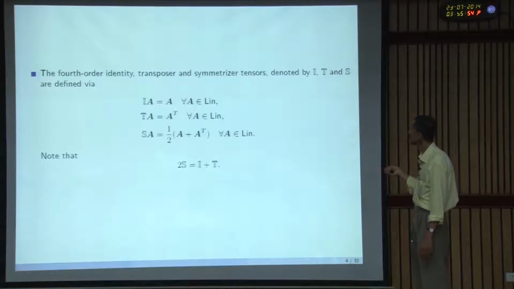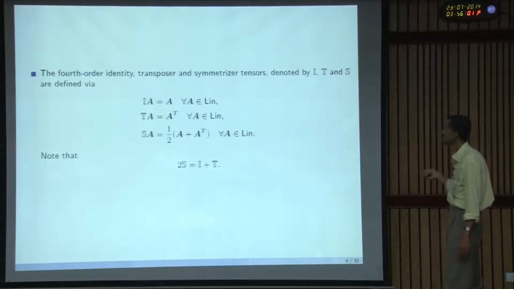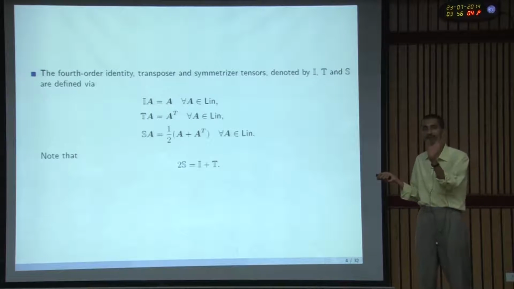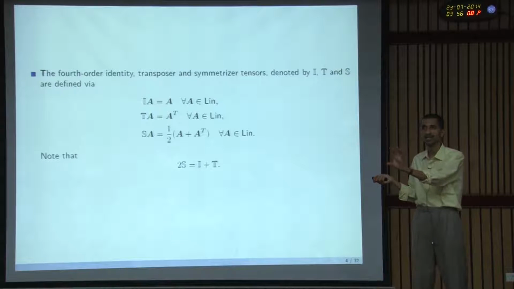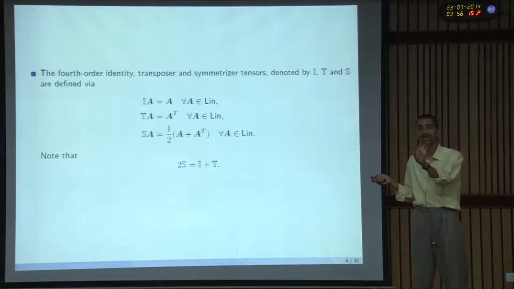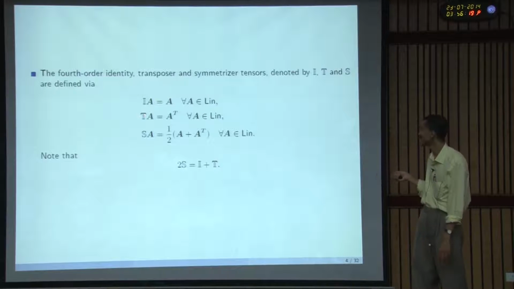Then you need some more fourth order tensors. These are the identity, transposer, and symmetrizer tensors. The identity tensor, if it operates on a second order tensor, gives the second order tensor itself, which is why it is called the identity fourth order tensor. The transposer, if it acts on a second order tensor, gives its transpose, so that is why it is called a transposer.